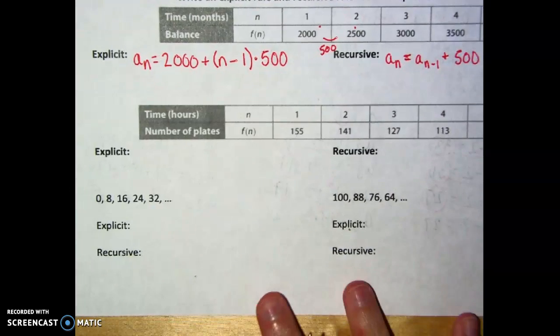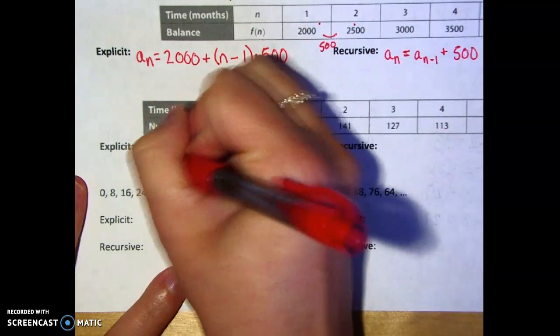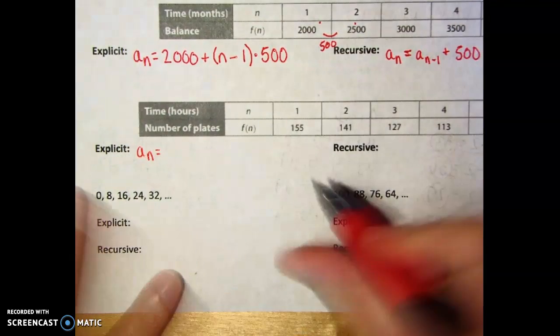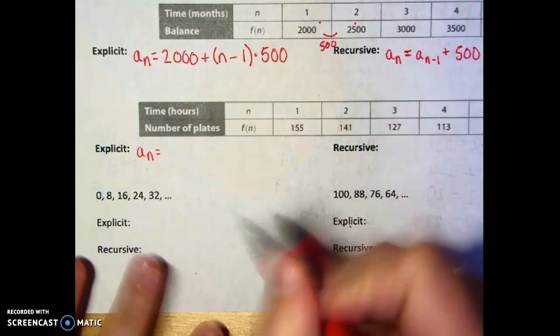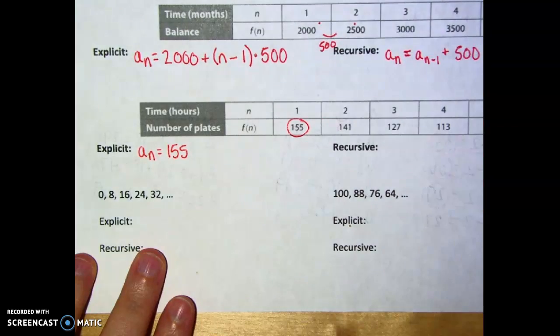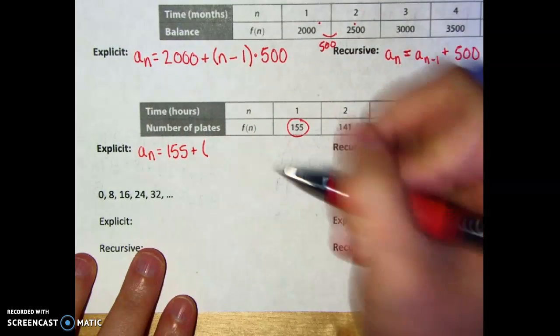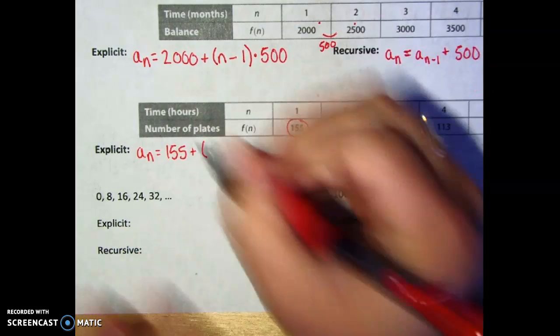So let's look at this next table here. So we start with A sub n. And then our first term is 155, and I get that from right there. Plus, and then n minus 1 stays the same.